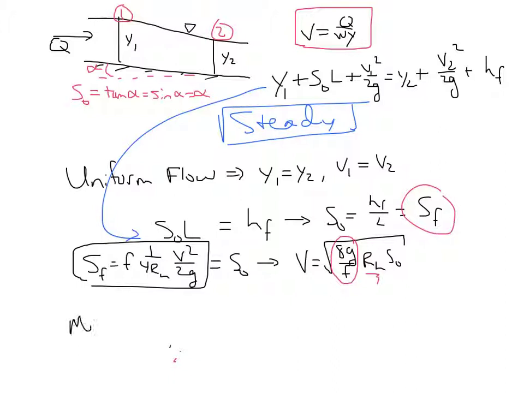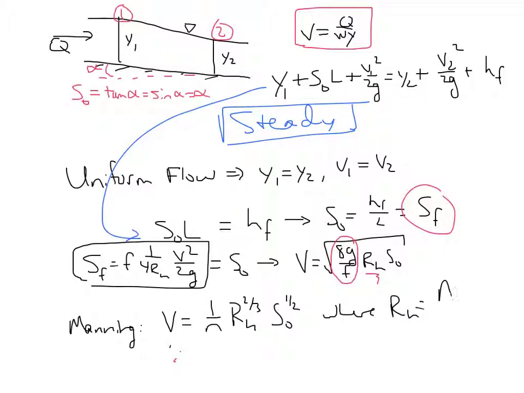So the Manning equation replaces that friction coefficient with what's known as the Manning coefficient, which is defined as n. So the velocity is 1 over n, then the hydraulic radius to the 2/3 power and channel slope to the 1/2, where I should note that R_H is equal to the cross-sectional area divided by the wetted perimeter.